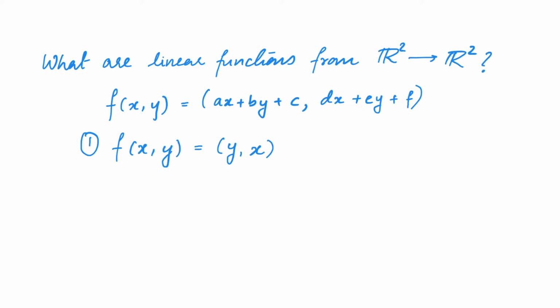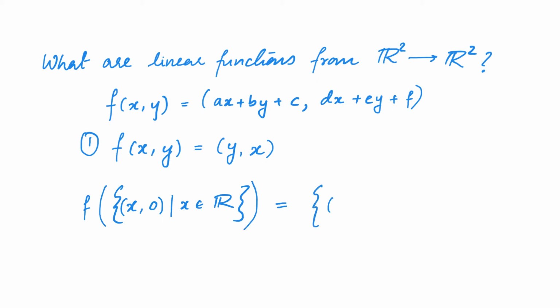For example, one of the simplest examples of a line is the set of all points (x, 0), where x belongs to R. What is the image of this set under F? The image of this set under F is the set of all (0, x), where x belongs to R.